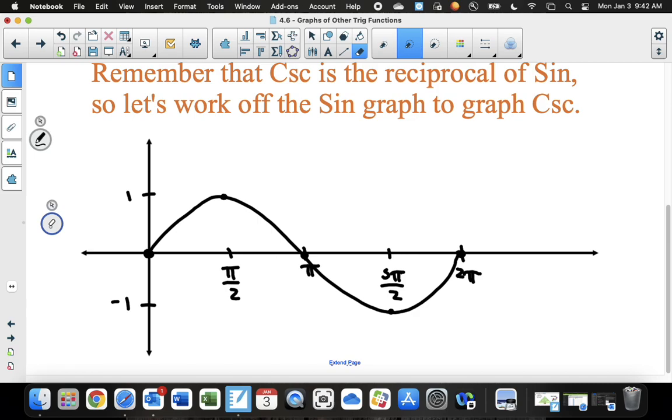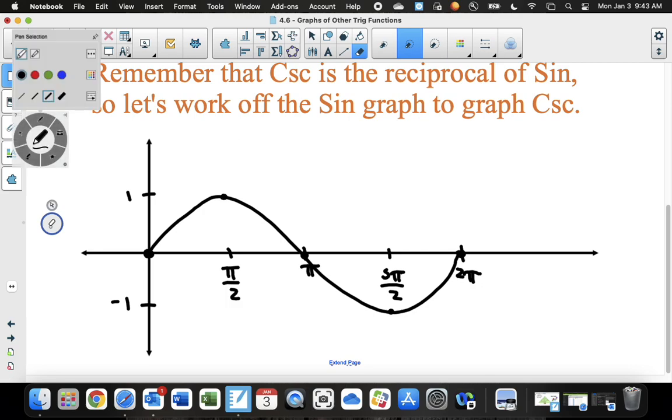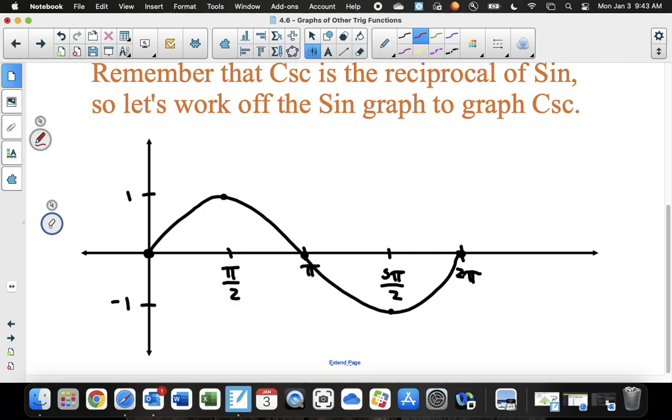Now that I have sine, now I can graph cosecant off of that. Okay? Two things we have to be aware of. Number one, we said sine cannot equal 0. Well, if you notice, the sine equals 0 right there, which means we have a vertical asymptote right here. Next time sine equals 0 is right here at pi.